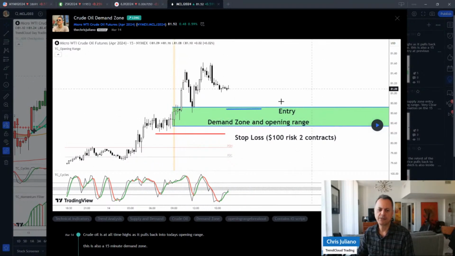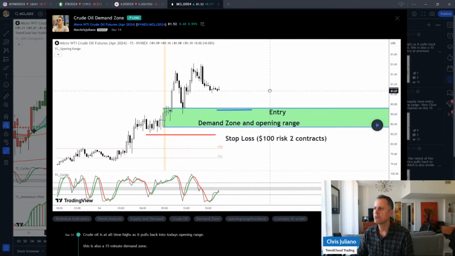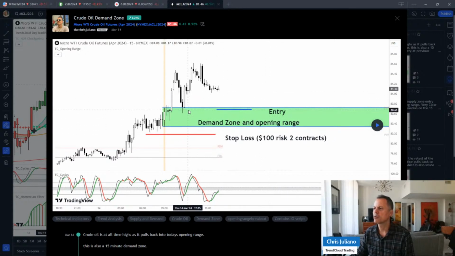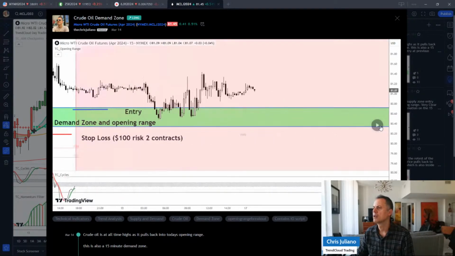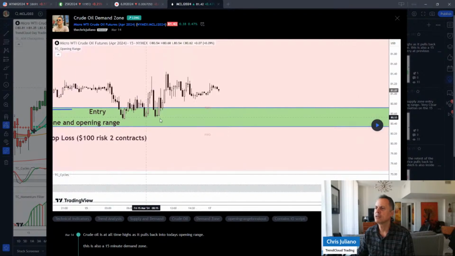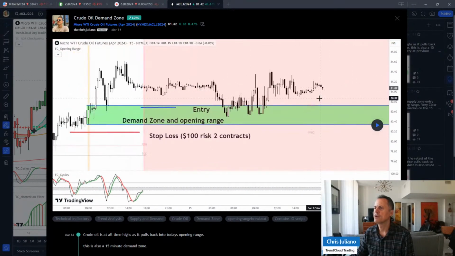There's the opening range there and the demand zone. And there's the move in and the move out. And it looks like right there.